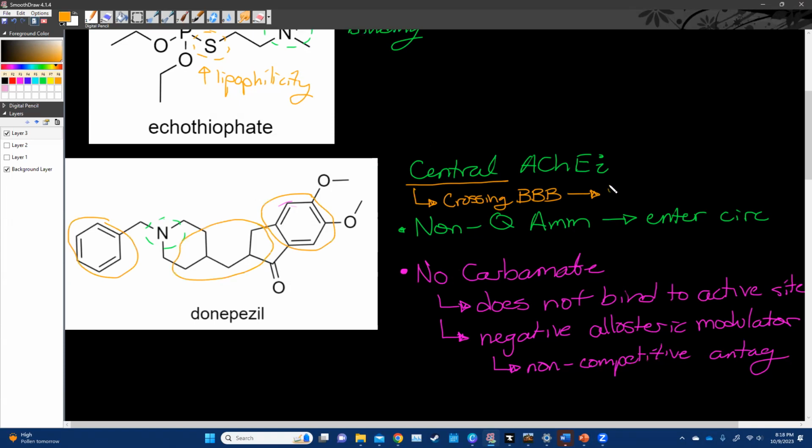Lots and lots of carbons, which are all going to increase lipophilicity. So donepezil can cross the blood-brain barrier, lots and lots of carbons.